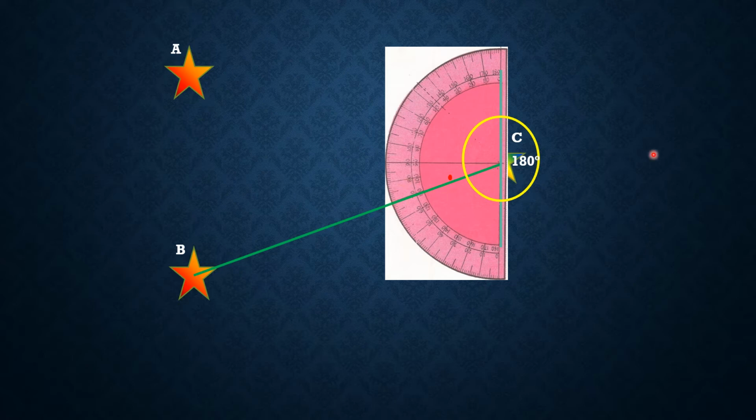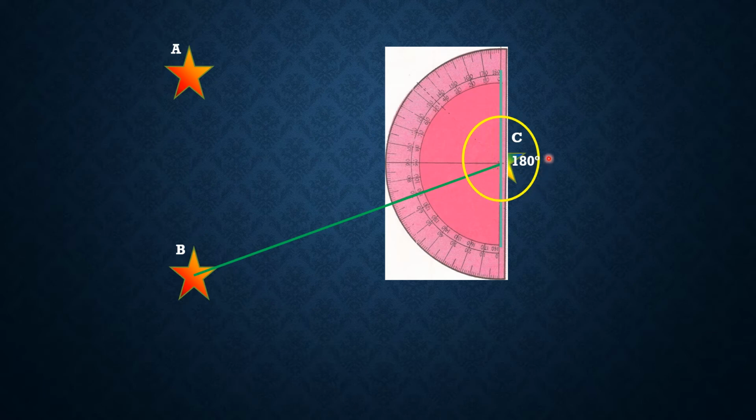Now, based on what we have here, the angle right here is 70 degrees. But that is not our bearing for point B. The 70 degrees is only the angle right here. We need to know what is the total bearing.